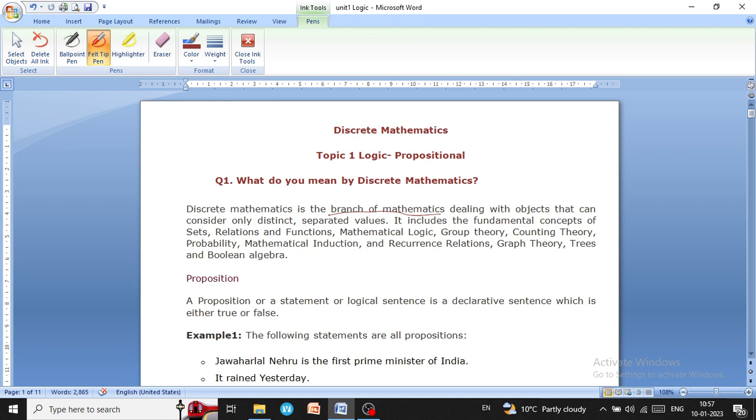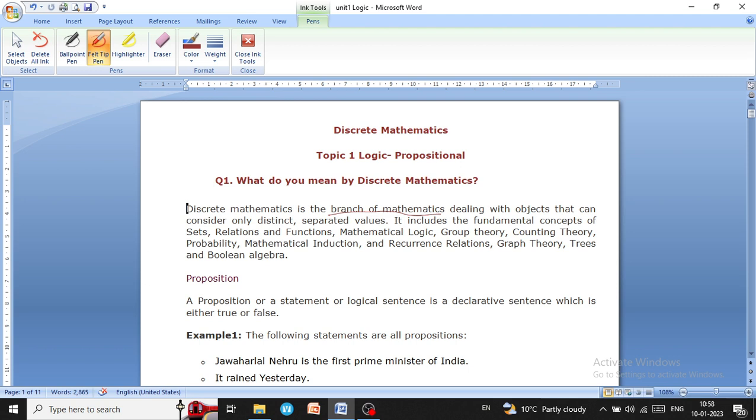It includes different fundamental concepts: sets, relations and functions, mathematical logic, group theory, counting theory, probability, mathematical induction and recurrence relations, graph theory, trees and Boolean algebra.